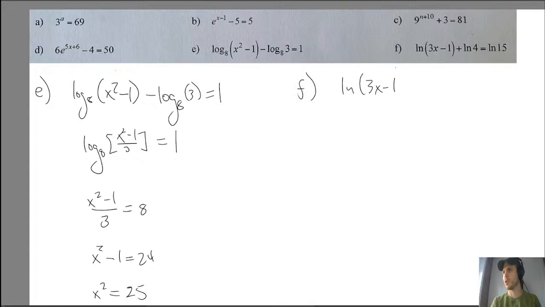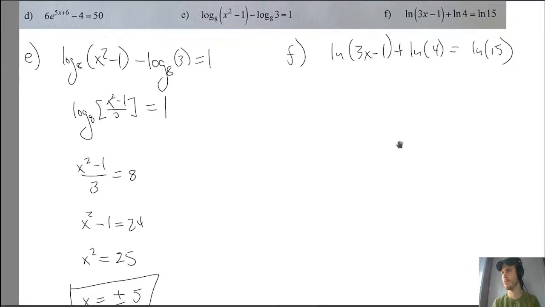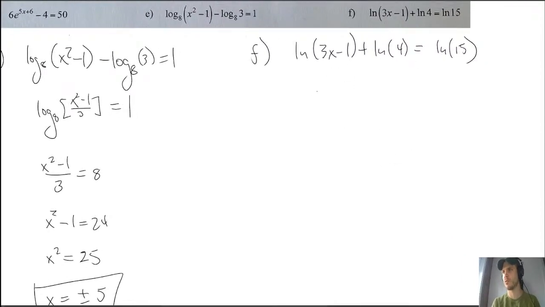Log of 3x minus 1 plus log of 4 equals log of 15. So let's subtract log 4 from both sides. Equals log of 15 minus log of 4.